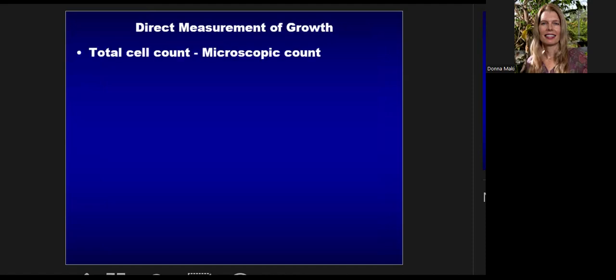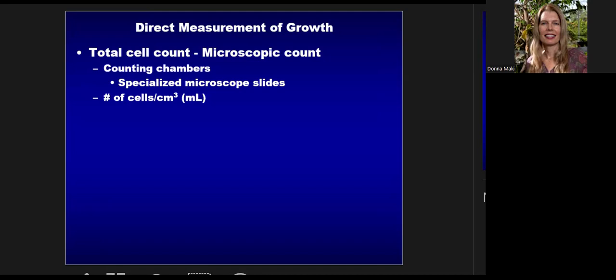Here's another thing you can do if you want to measure how many cells are present. Look under the microscope. Now, I wouldn't want to do this all day, but they do make special microscope slides that are called counting chambers, and I'll show you a picture of it. But basically, it's a microscope slide that has a grid pattern etched on it, and with some wells etched in it as well, so that you have a place to pipette your sample, and then it kind of wicks across this etched engraving portion of the slide, and it lets you count.